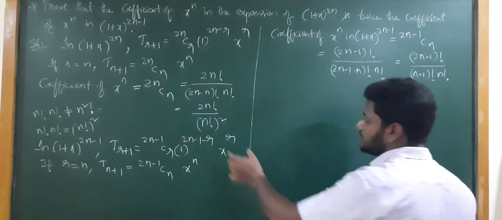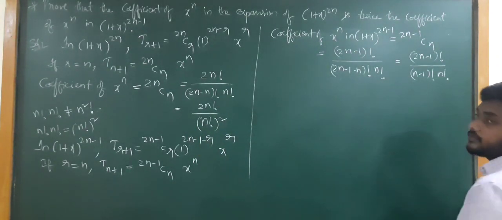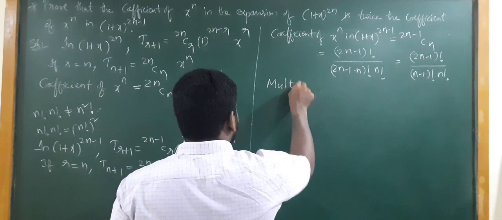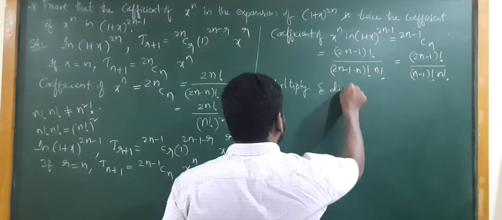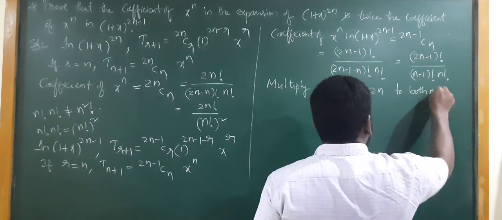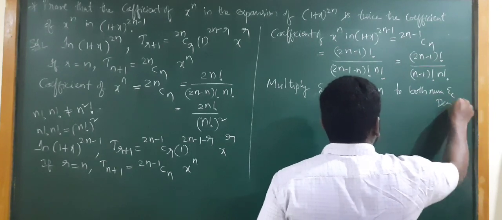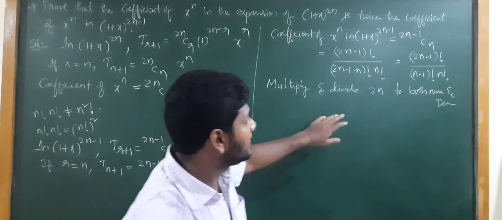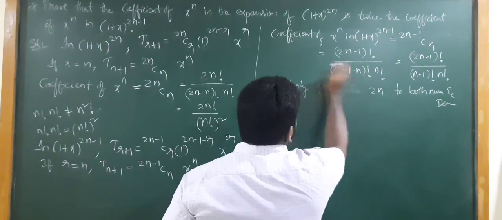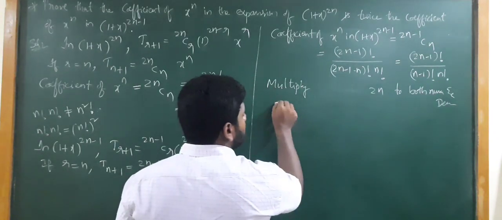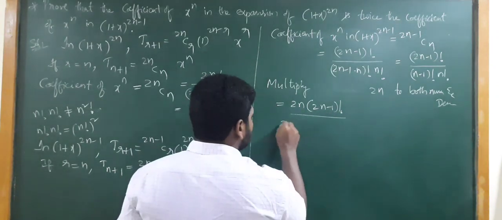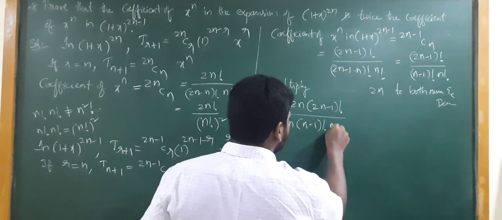Now how can we show that this is half the value of the other coefficient? If we multiply 2n to both numerator and denominator, what do we get? 2n into (2n minus 1) factorial divided by 2n into (n minus 1) factorial into n factorial.